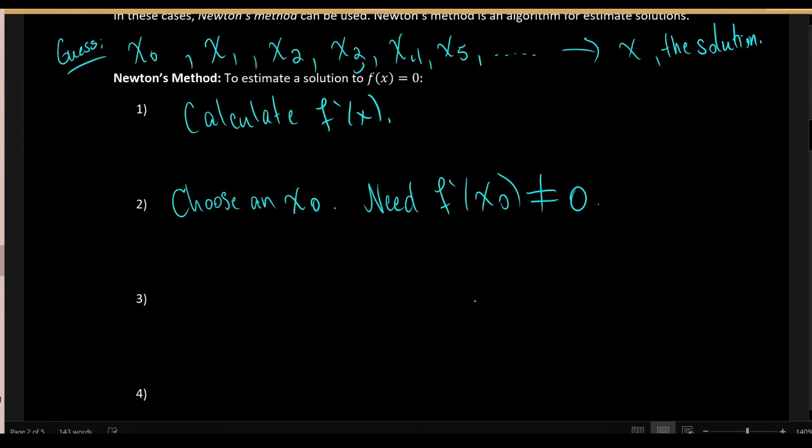So now we're going to set up the formula that we can use to successively calculate each of the x values in this little sequence. I'm going to show you how to take x sub n, maybe this is x4 or x5, and calculate the next x value, maybe x5 or x6.